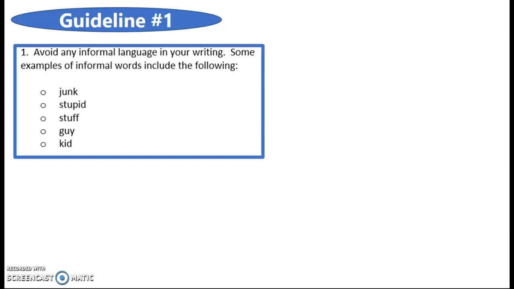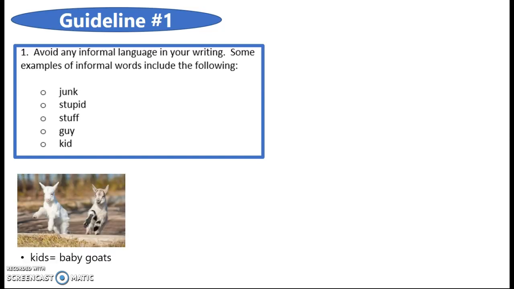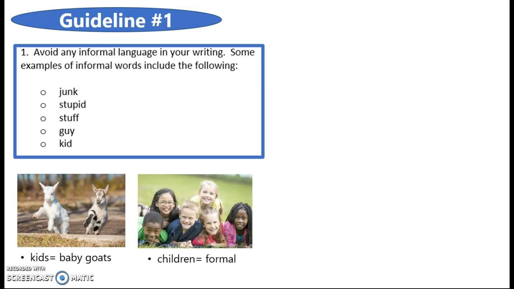So number one is avoid any informal language in your writing. So some examples of informal words include the following: things like junk, stupid, stuff, guy, or kid. So in English, we often refer to children as kids in informal speaking, but kids in English actually means baby goats, for example, whereas children would be considered more formal.